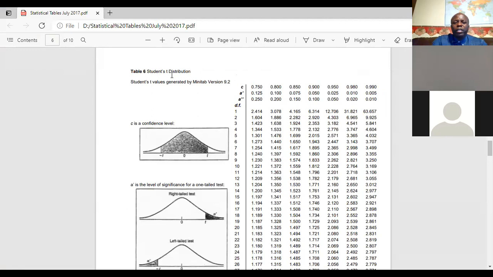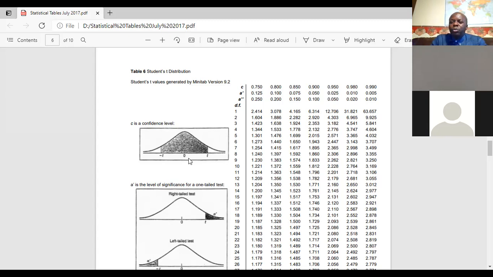Why do we call it student T distribution? It has an interesting history. A long time ago, people that worked for companies were not allowed to publish anything related to that company because of the competition.